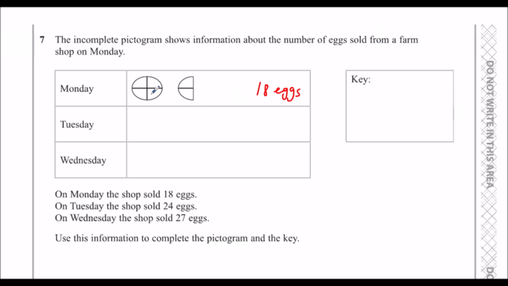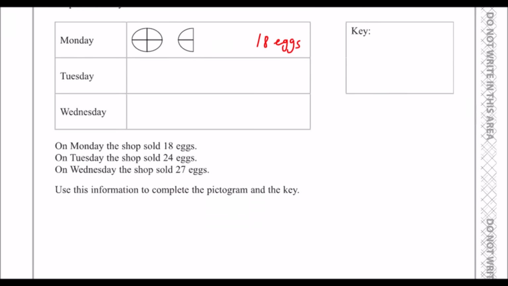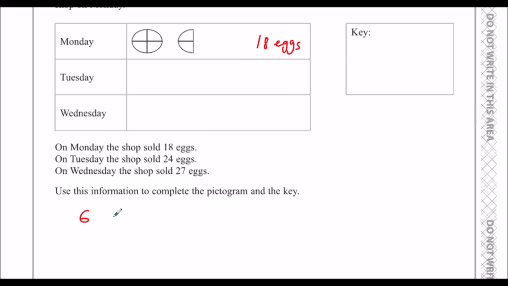Or we could say 6/4 make 18 eggs. It doesn't matter which of those we use. I'm going to say 6/4, so 6 of these equals 18 eggs.